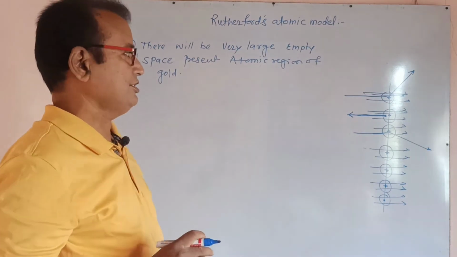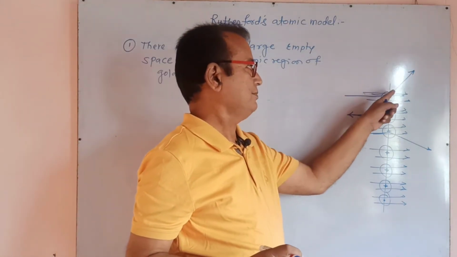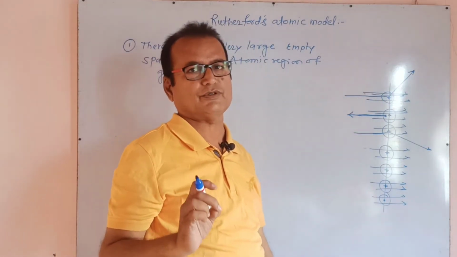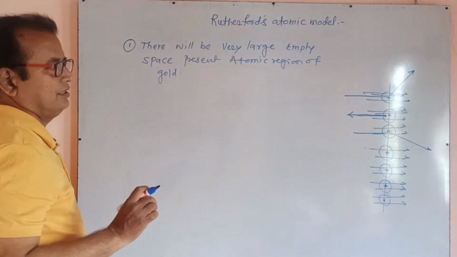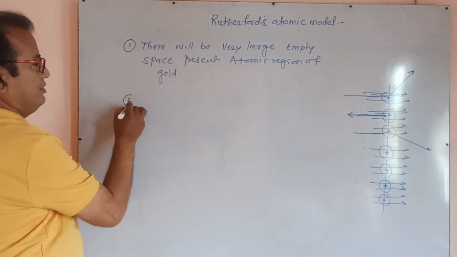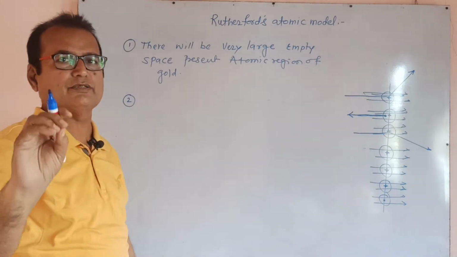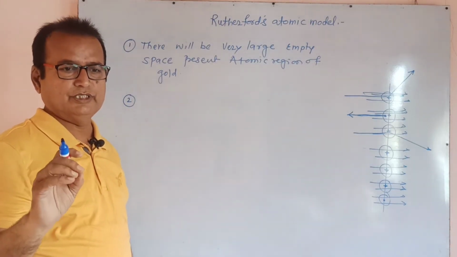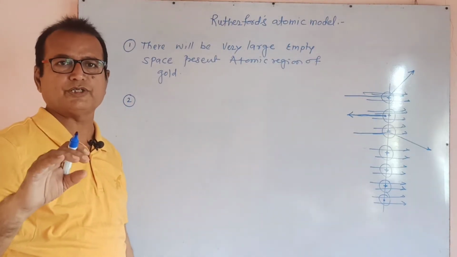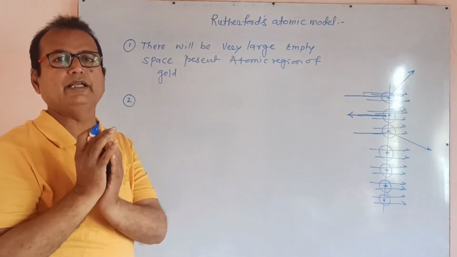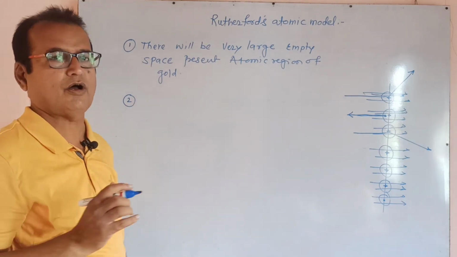Somewhat alpha particles change their direction, but this possibility is very less. It means some type of similarly charged particle containing massive region is there, but the occupied area of that massive region is very small.